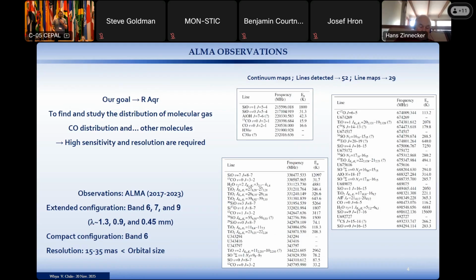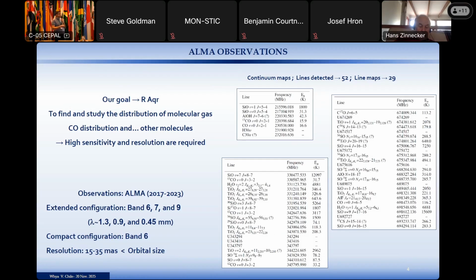After the observation, calibration, self-calibration, imaging, and cleaning, we obtain maps with resolution between 15 and 35 milliarcseconds. That means we can explore how the material is distributed at sizes smaller than the orbital size. So, for example, we can explore where the molecules are located in the intraorbital regions.